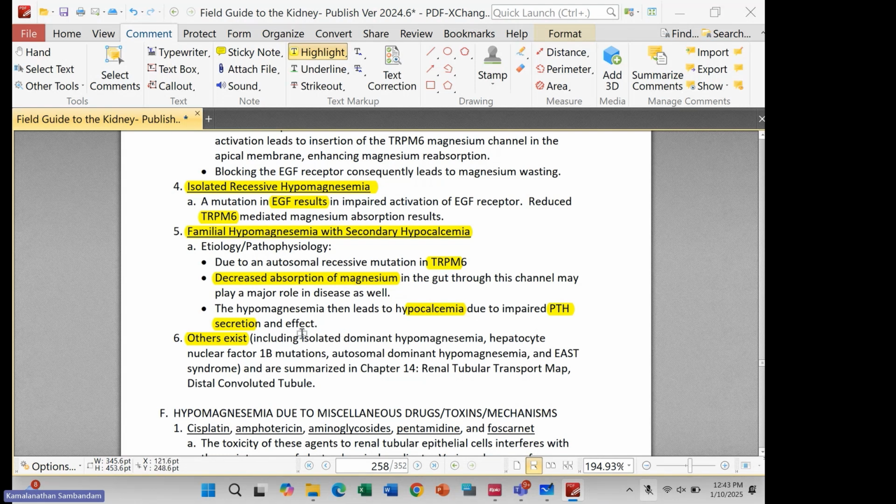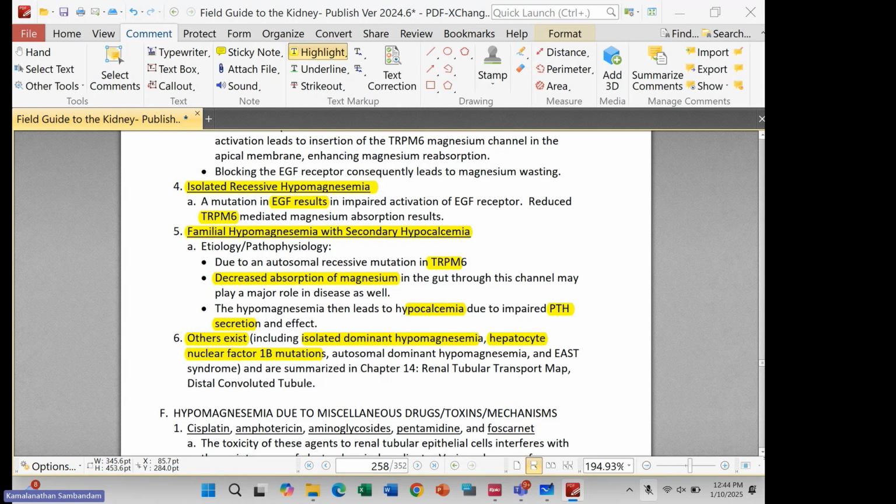Again, there are a lot of other causes of magnesium wasting that are grounded in DCT transport. We have hepatocyte nuclear factor 1b mutations, which are associated also with cystic kidney disease, as well as insulin resistance.